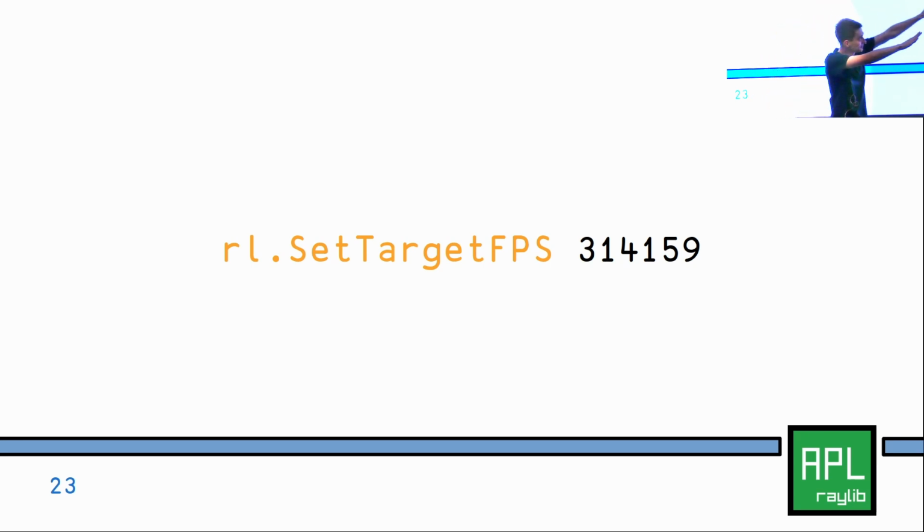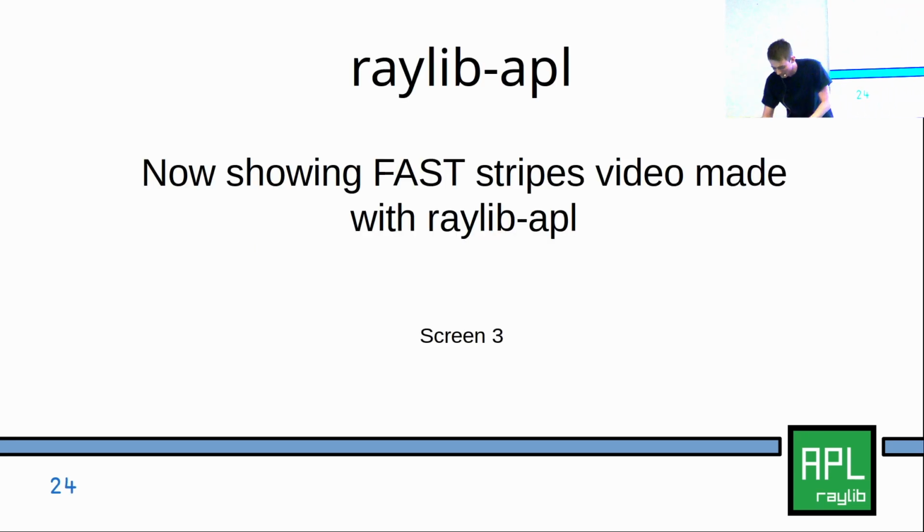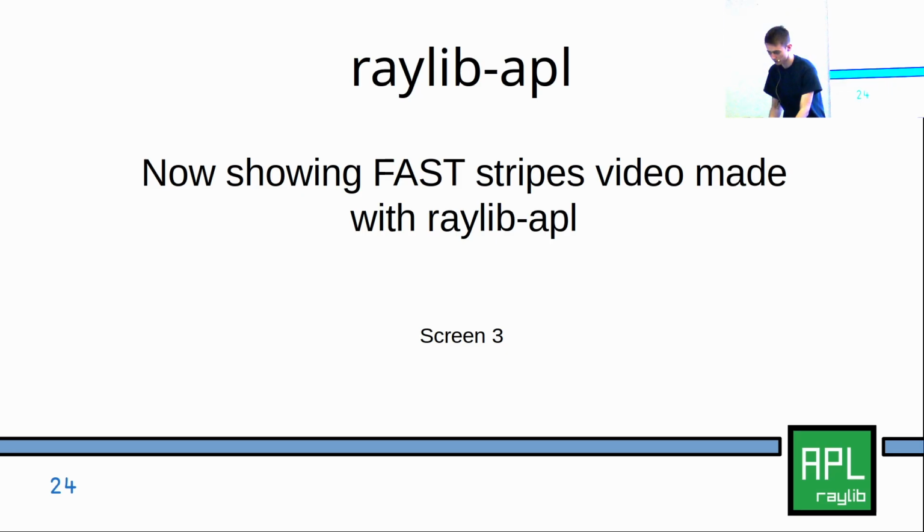But I can change that with this line. And after you do this, with screen 3, it tends to be a bit faster. So yeah, it's not too slow. I think it's fine.